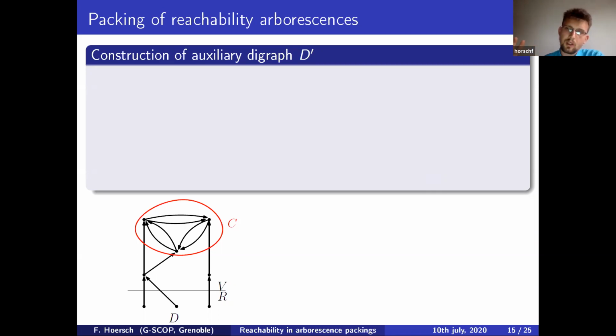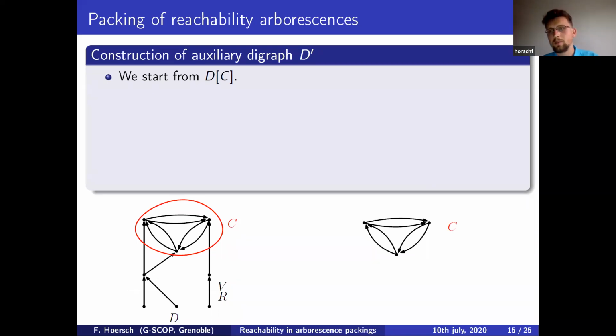And then I want these arborescences to be created in a way that I can merge them with the arborescences before. Okay. So what will my digraph D prime look like? Well, I'm searching for packings in C, so certainly C should in some way be contained in that digraph.